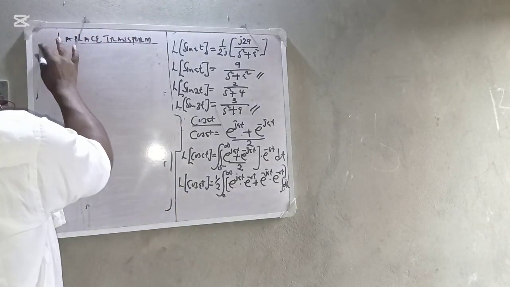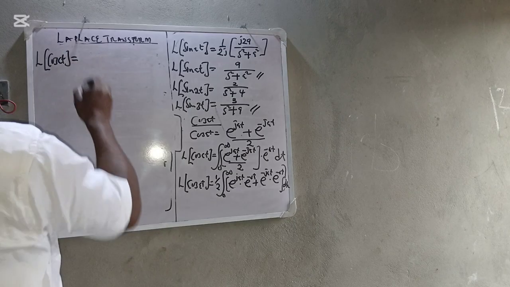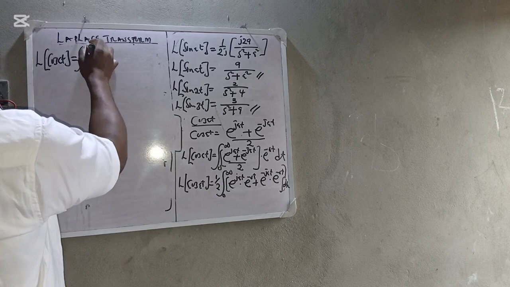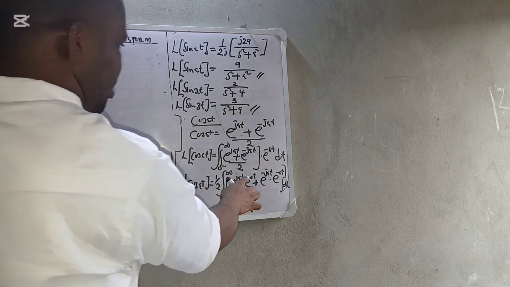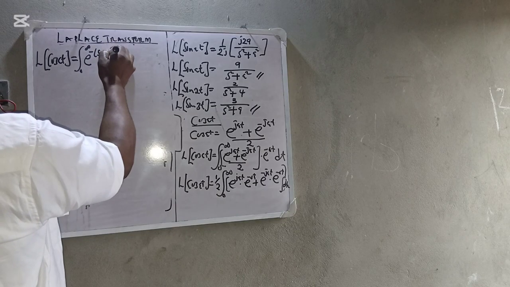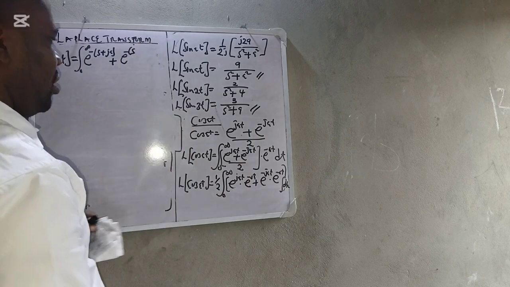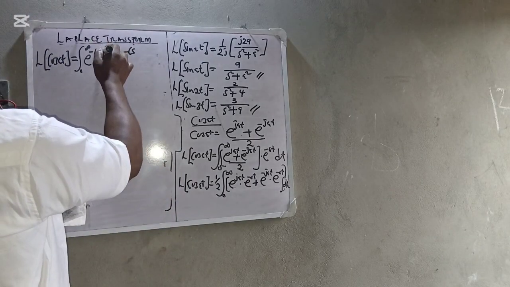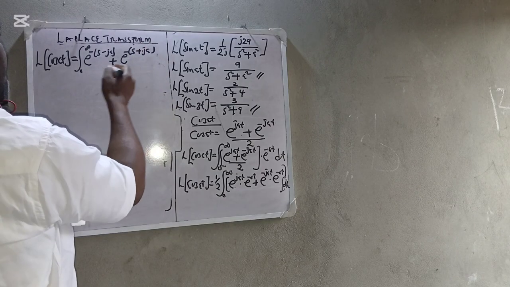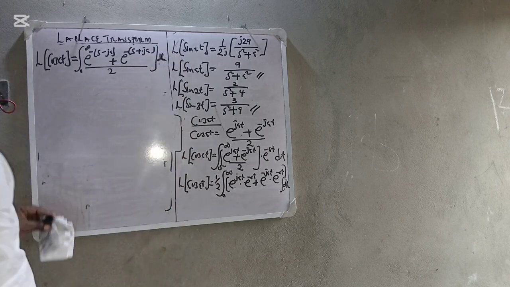We have that Laplace of cos at is giving us exponential this. So we can include this. We are having this s ja plus this. This is going to give us negative. This is plus divided by 2, and we are having dt.